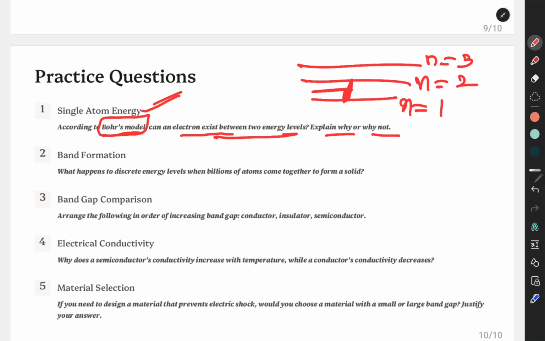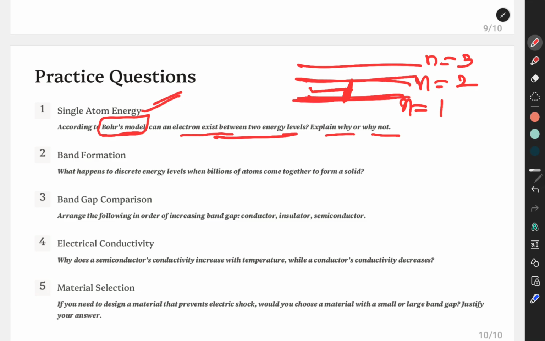Just think whether the electron can exist between those two levels. Yes or no? Obviously no. Electrons cannot exist between two energy levels because these energy levels are quantized like steps, as I gave in the examples.